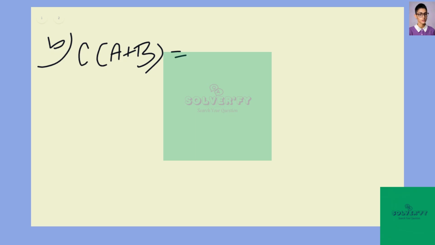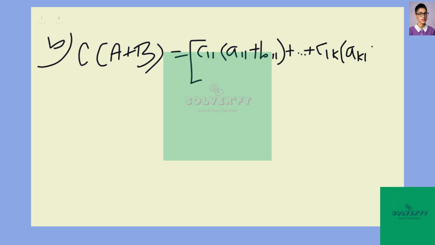Okay, so again, we get our matrix where the element in the first row and first column is going to look like C11 multiplied by A11 plus B11 all the way to C1K multiplied by AK1 plus BK1.